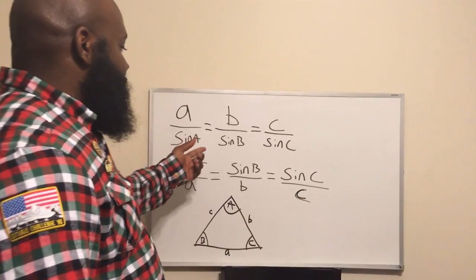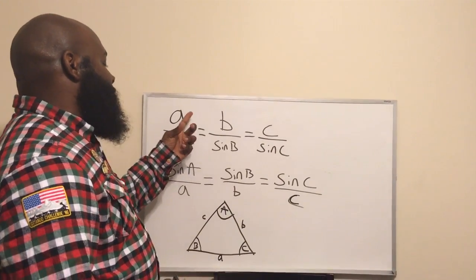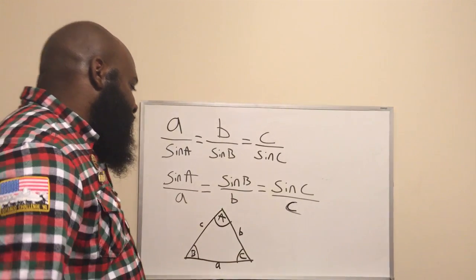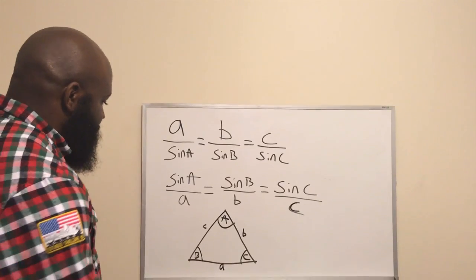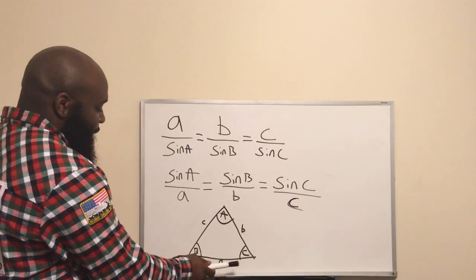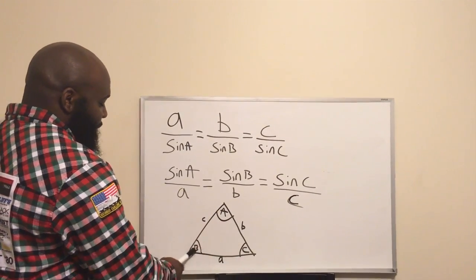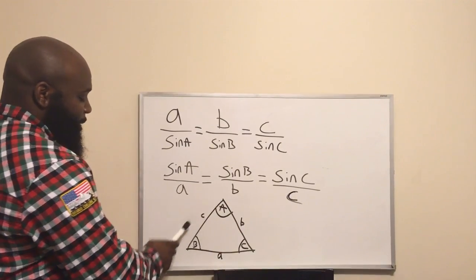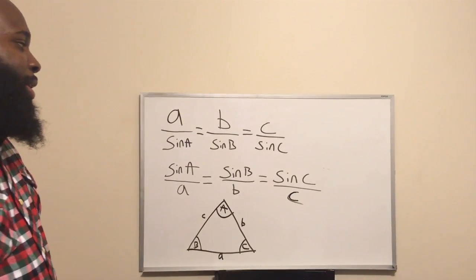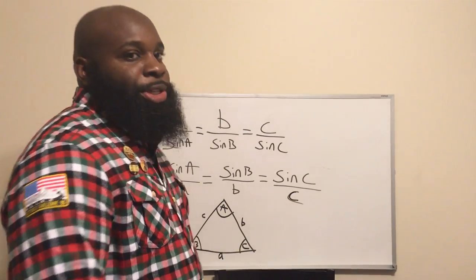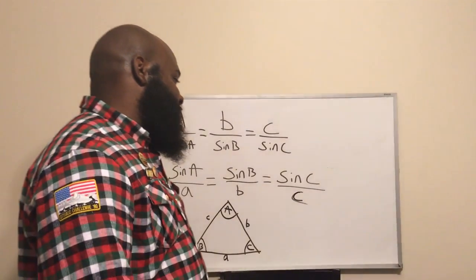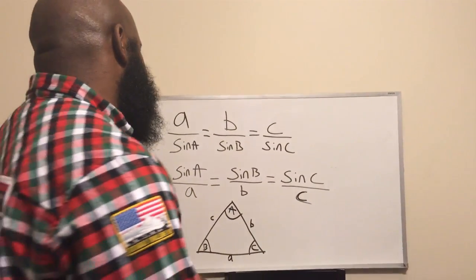We use this generally when you're trying to solve for a side, and use this when you're trying to solve for an angle. You see here, angle A goes with side A, angle B with side B, angle C with side C. Alright? So let's dive into an example and try to solve for a triangle.